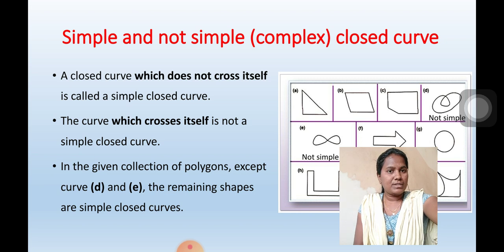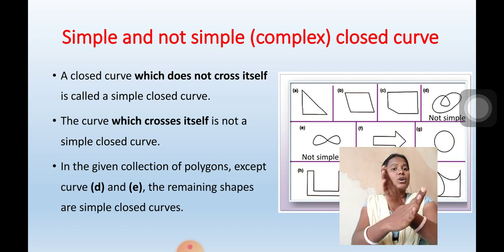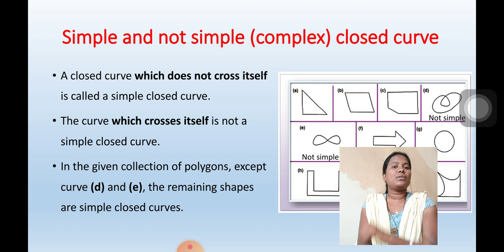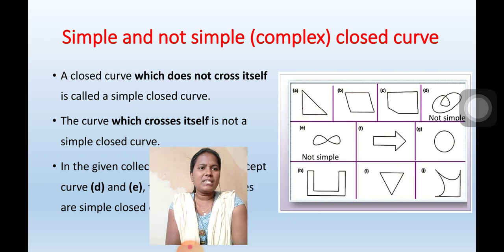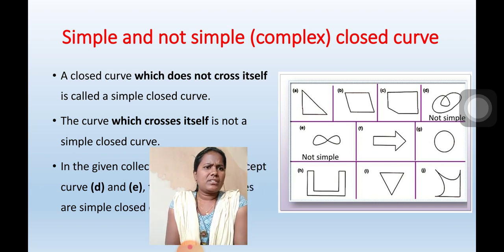If you observe the figures given here, some are crossing themselves and some are not. The curve which crosses itself is not a simple closed curve, and the closed curve which does not cross itself is called a simple closed curve.